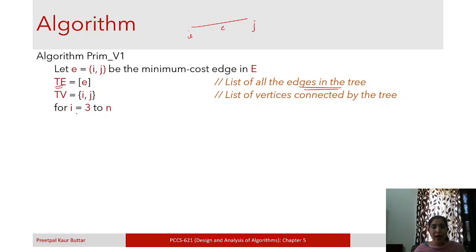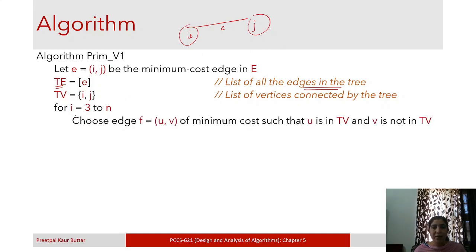Now for i equal to 3, we will start from 3. Why? Because two vertices we have already put, i and j, we have already put into the spanning tree, right? And now we will start from vertex 3 to the last vertex, that is n. And from these we will choose an edge F connecting u and v.